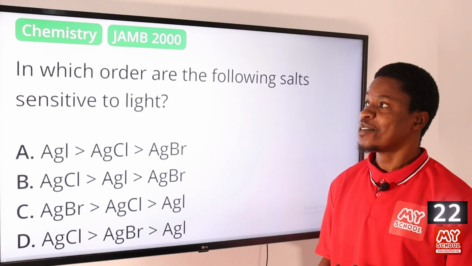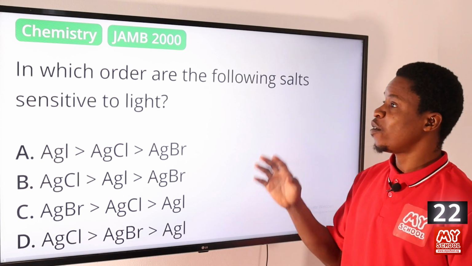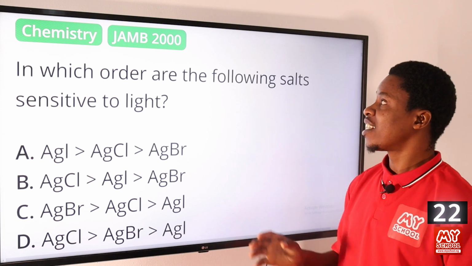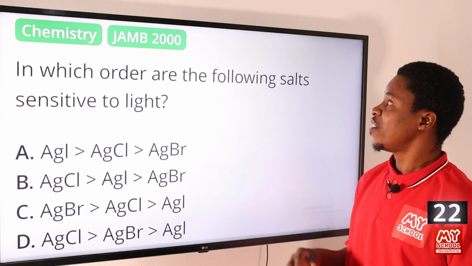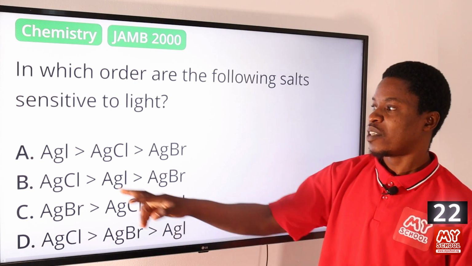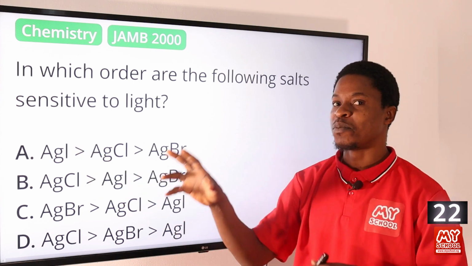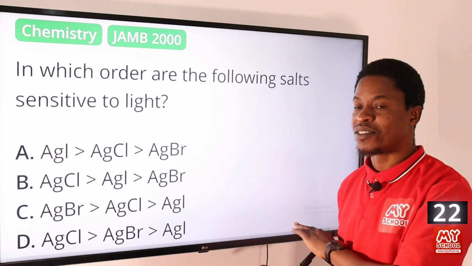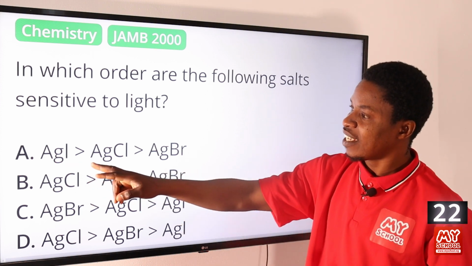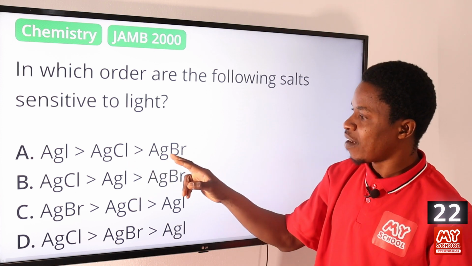Question number 22. In which order are the following salts sensitive to light? Of course, if you see we have greater than, which means from highest to the lowest. And what we have: silver iodide, silver chloride, silver bromide.